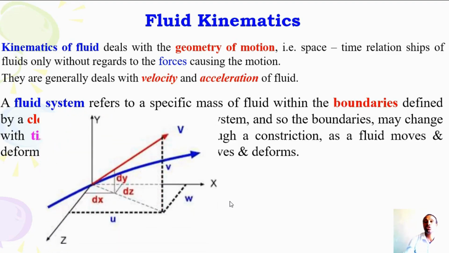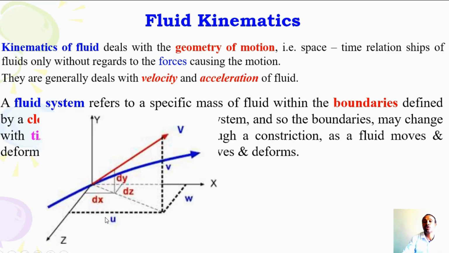So this is just a three-dimensional axis of a fluid particle. You may have x, y and z axes, and you may have dx, dy, and dz. You have this axis which is the streamline, and this is the velocity vector that moves in this direction.